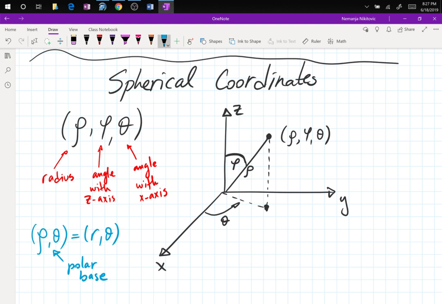If I go along the x-axis and create some radius along the x-axis, and then I swing that radius on the theta, and then towards z, I come up with a point in space. So one more time: I draw the radius out along the x-axis, then I swing that theta, which is the same procedure you have for polar coordinates, r theta, now it's rho theta, and then you swing up to meet the angle with the z-axis, whatever angle you have, which is angle phi, the one in the middle.